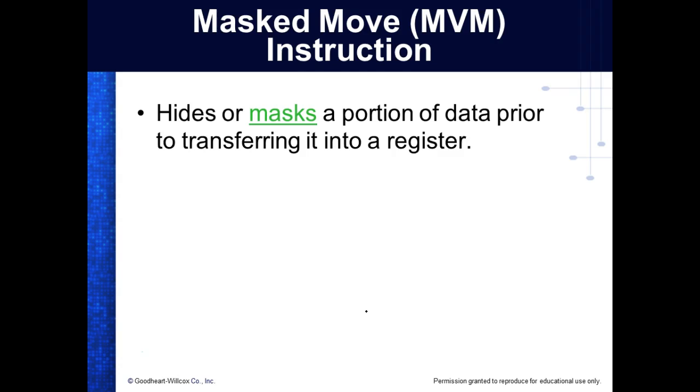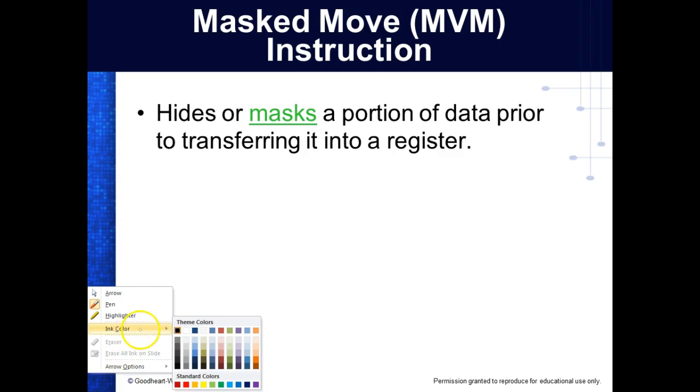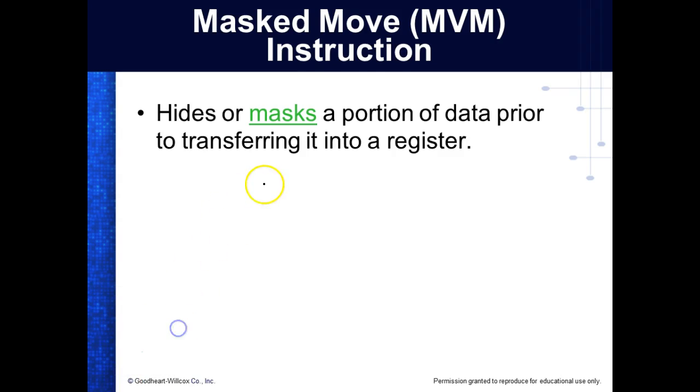But a 0 and a 1, or a 1 and a 0, gives false. So if I've got a bunch of bits, and let's just use 8 bits, and I want to let this one right here come through and mask off all the rest of them, then I would come down here, and this would be my mask.